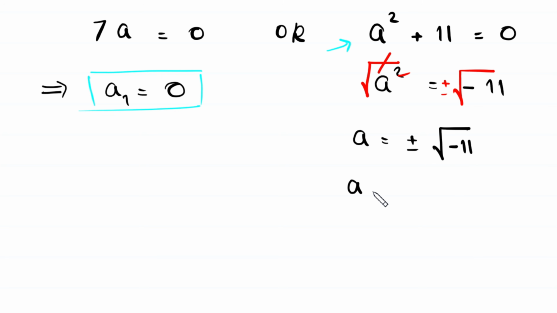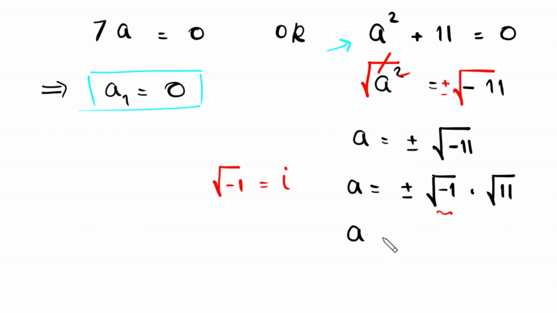This root negative 11 can be written as root negative 1 times root 11. Since root negative 1 equal to i, this will become a is equal to plus or minus i times root 11.